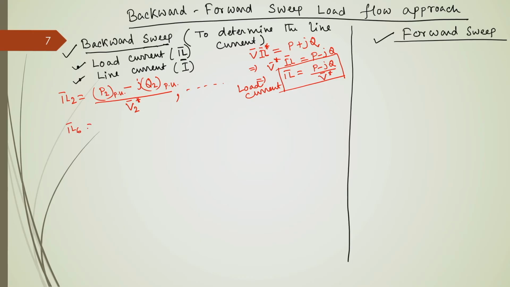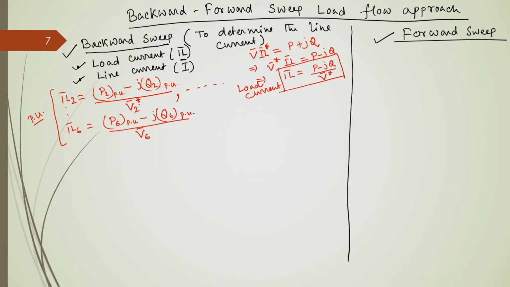I L 6 will be equal to P 6 per unit minus j Q 6 per unit divided by V 6 star. V 2, V 6 are already in per unit, so I am not writing it. So, all quantities are per unit and which will result in this line current, they are also in per unit. Okay. So, they will lie within 0 to 1, they are fractional quantity. So, we will determine this load current and line current with the available information for P, Q and V.